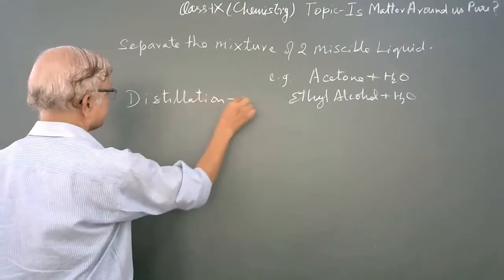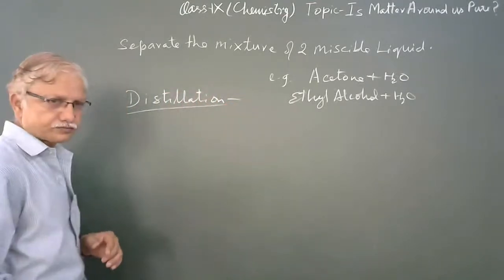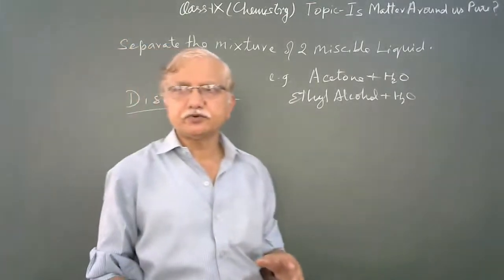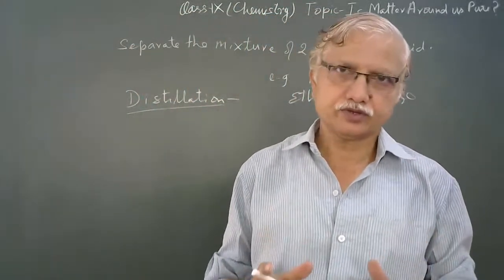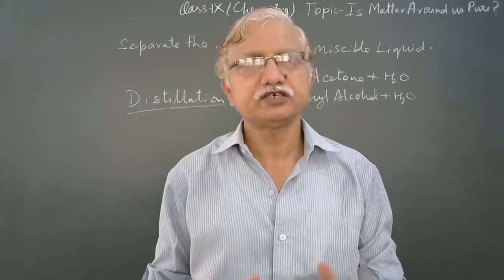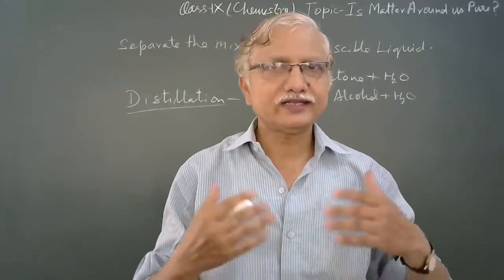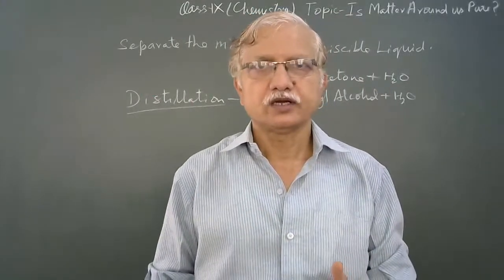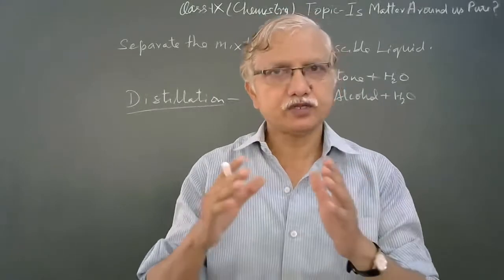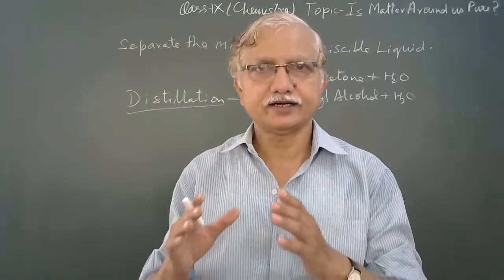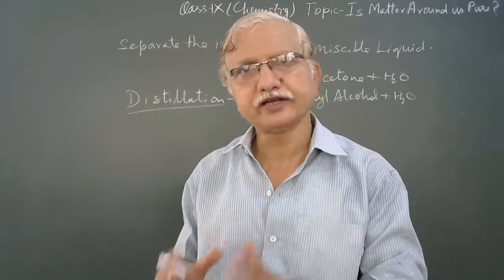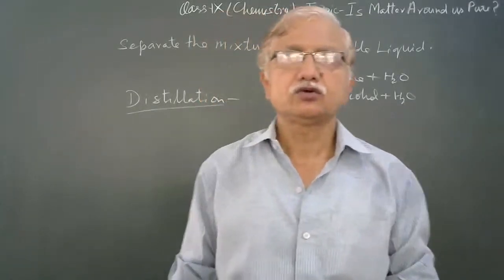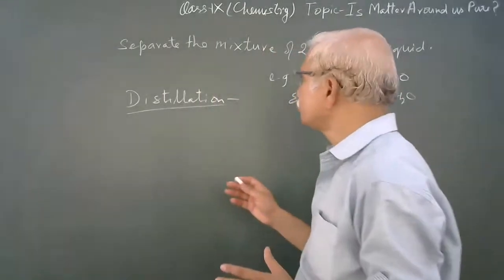Distillation. Distillation process. What is the distillation process? Distillation is a chemical process in which first we boil the mixture and then the vapors are collected, and these vapors are cooled and condensed back into liquid. So the distillation process includes two phenomena.